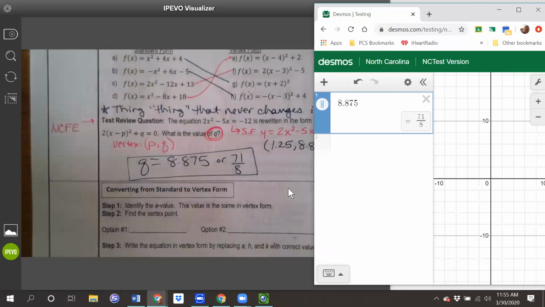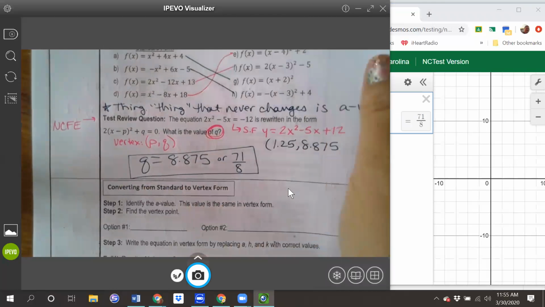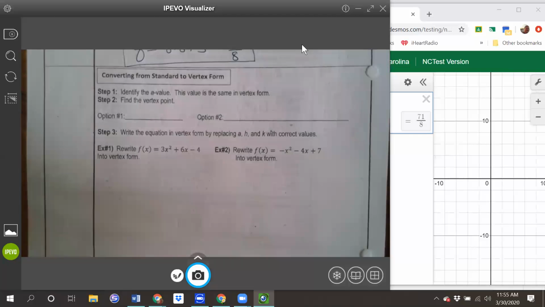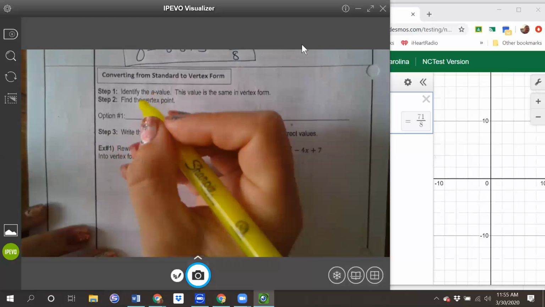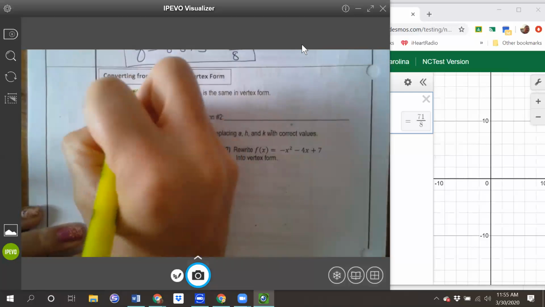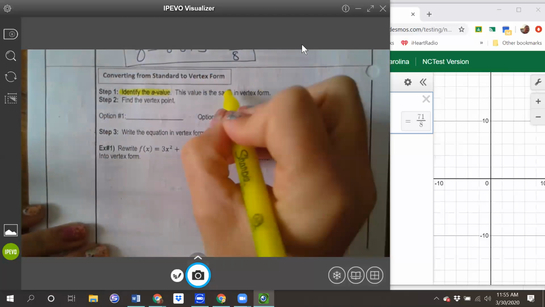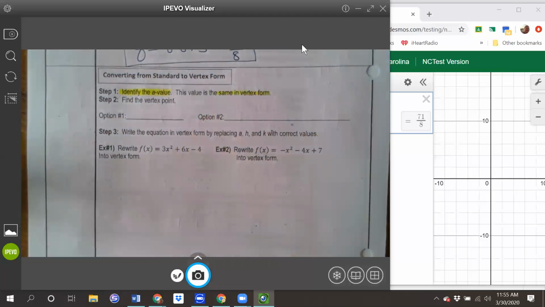All right, so last thing here is we need to do some converting. The thing that never changes is the A value. So we need to figure out what the A value is first, because it is going to be the same A value when we put it in vertex form.